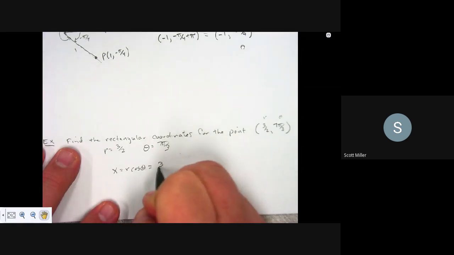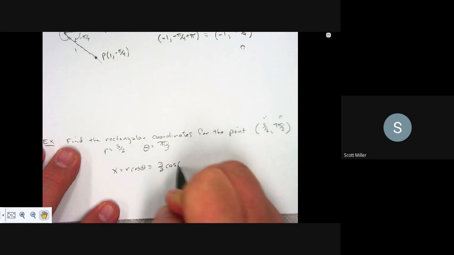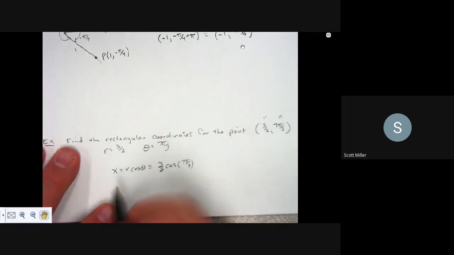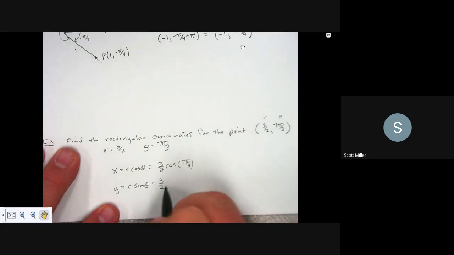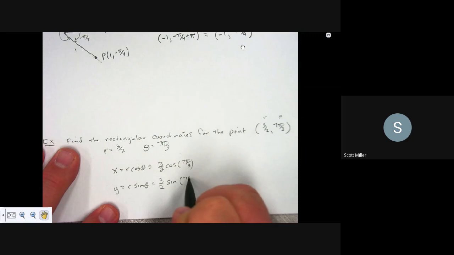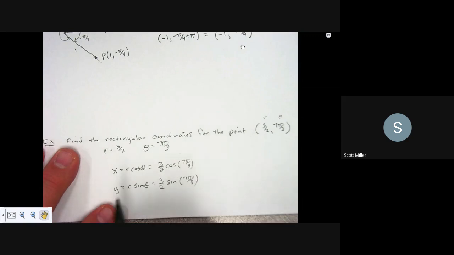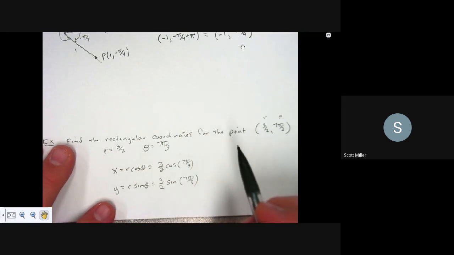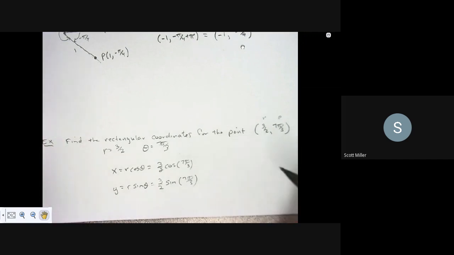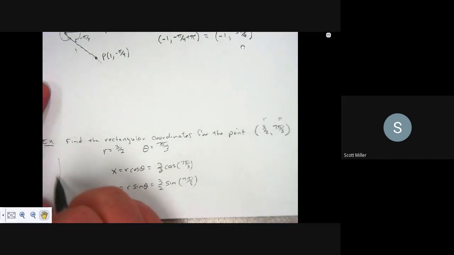So this is going to be 3 over 2 times the cosine of 7 pi over 3. And y is going to be r sine of theta, which is 3 over 2 times the sine of 7 pi over 3. So it really just boils down to where is 7 pi over 3? What quadrant is that in? And all that kind of stuff. So you can do your little unit circle action here.